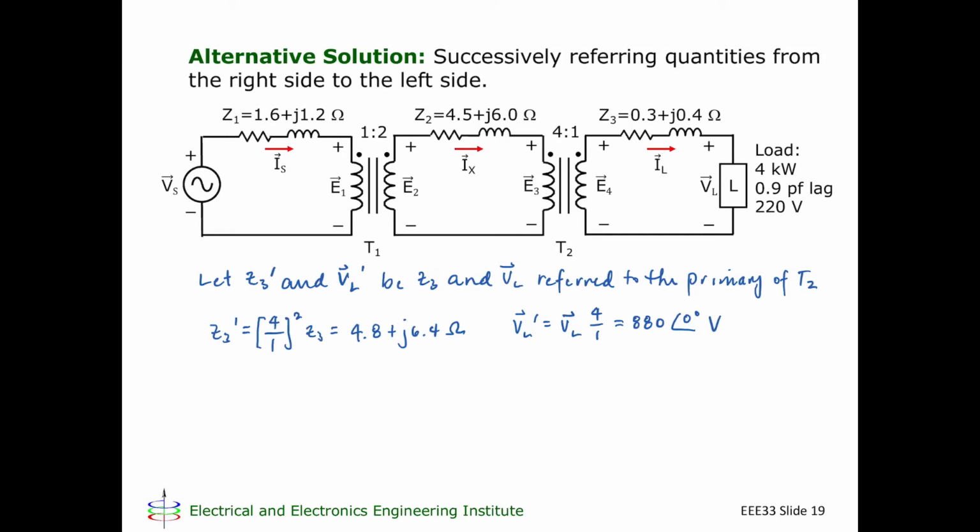So what will my equivalent circuit look like now? My equivalent circuit will look as follows. No? I'll have my V sub S, I have Z1, so this is T1. These are my dot markings. What will I have here?